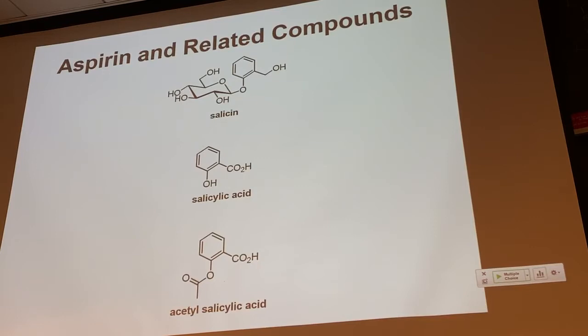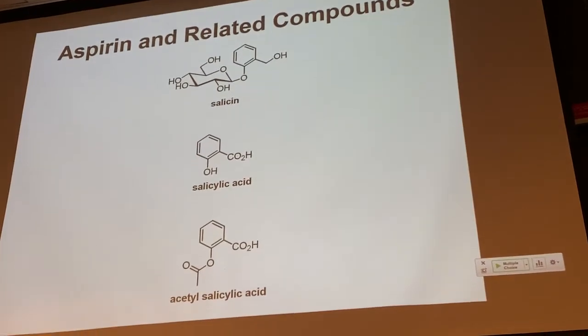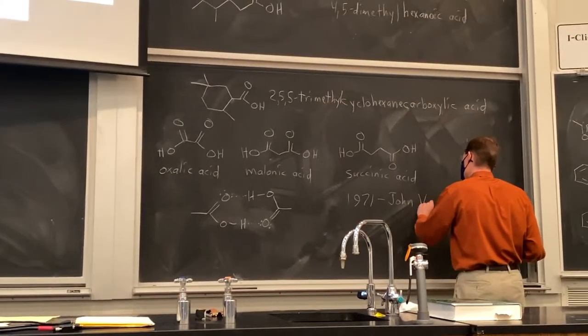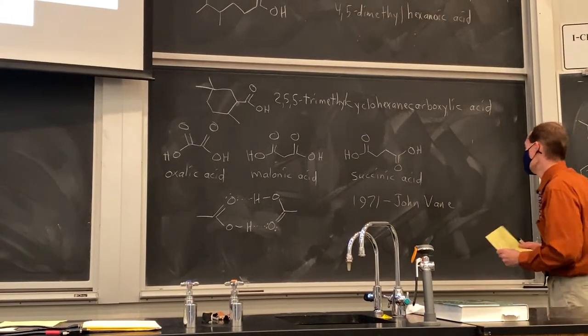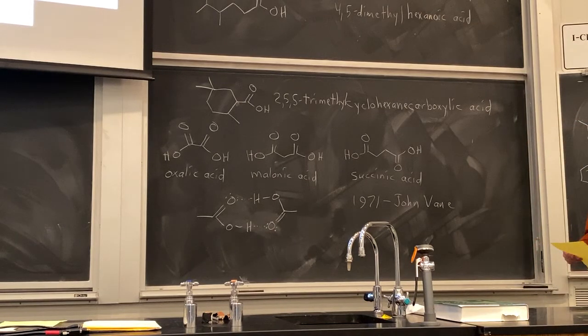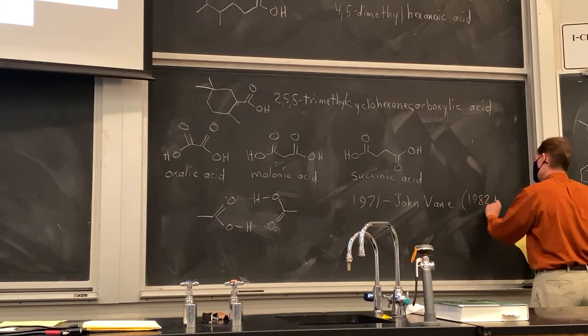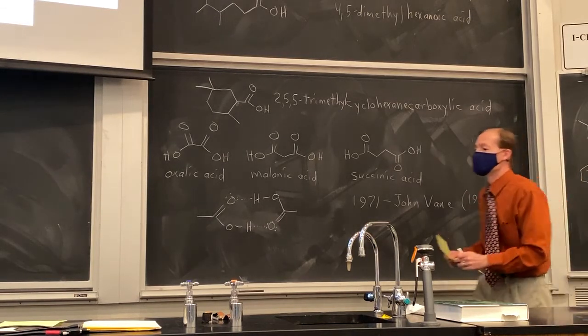The mode of action of aspirin was unknown for 70 years or so. In 1971, so 50 years ago, John Vane, a British chemist, determined the mode of action of aspirin. And for this very important discovery, he won the Nobel Prize in 1982.